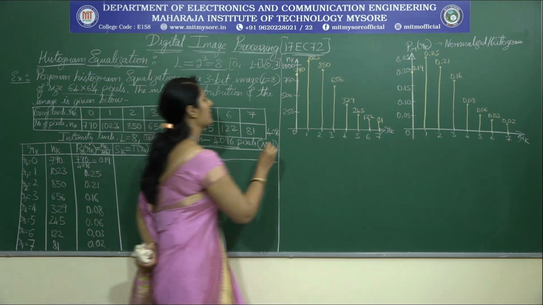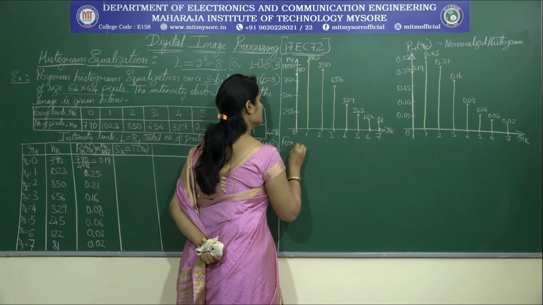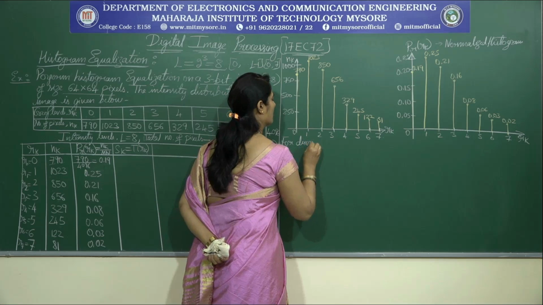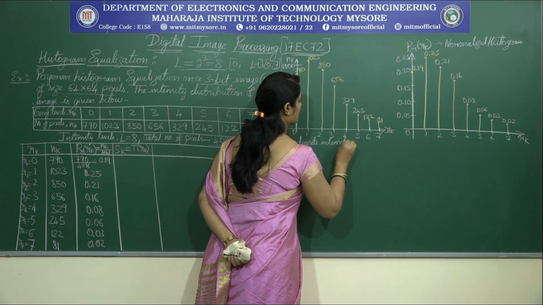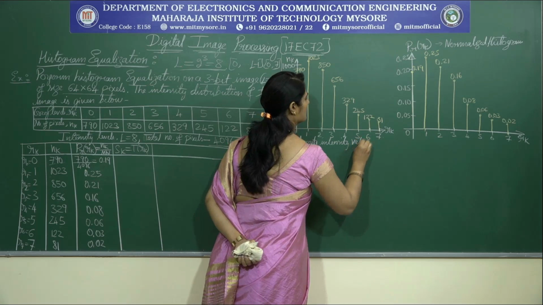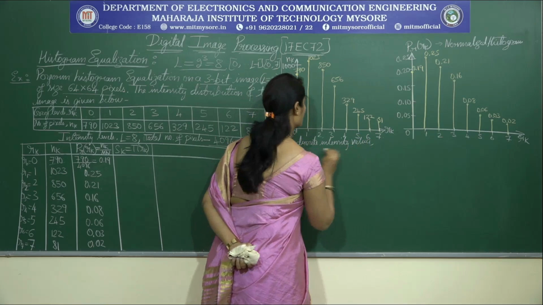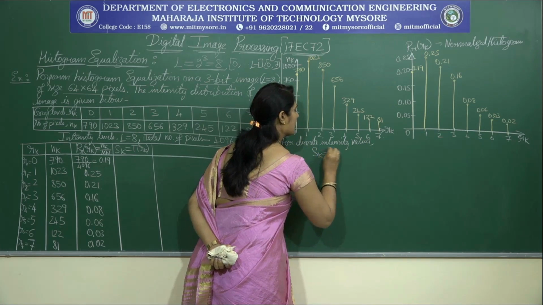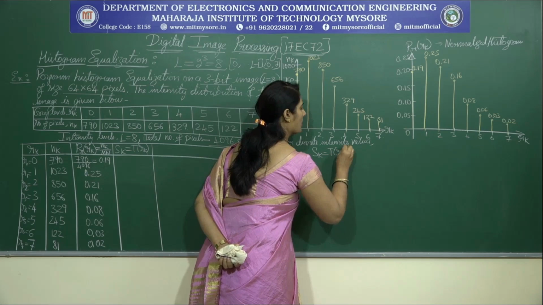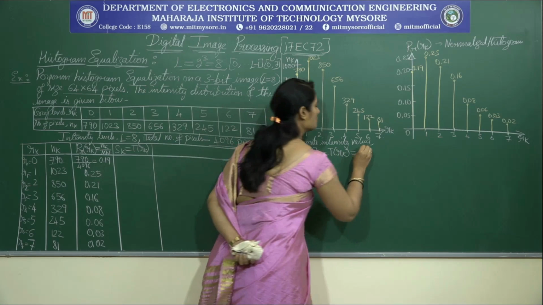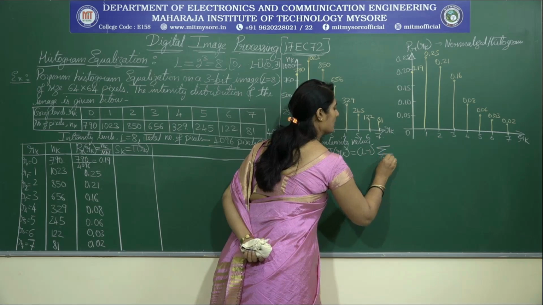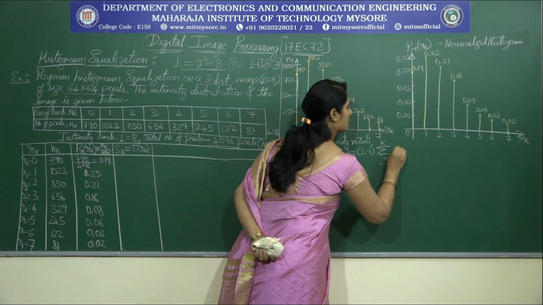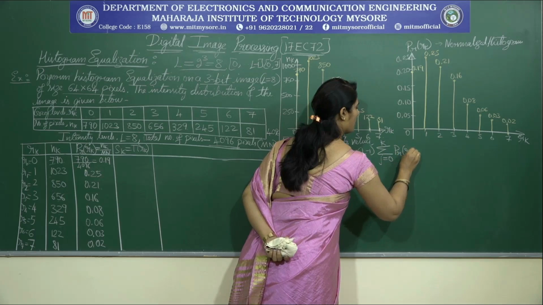So for discrete intensity values, the transformation function is given by sk is equal to T of rk, which is equal to L minus 1 times the summation, j equals 0 to k, of pr(rj).